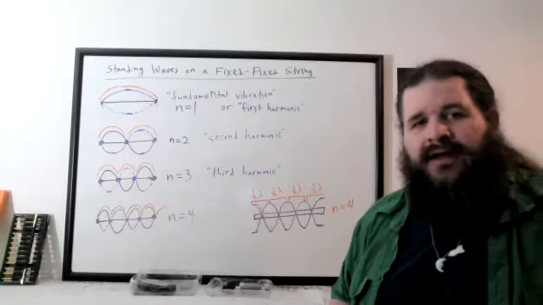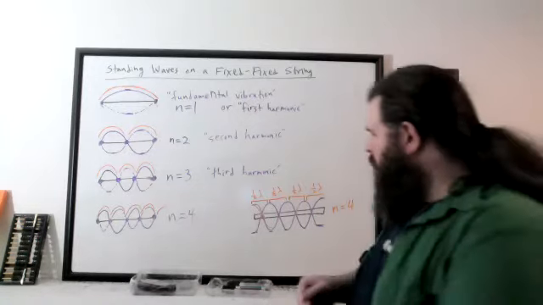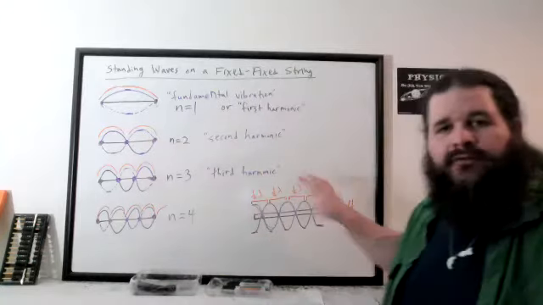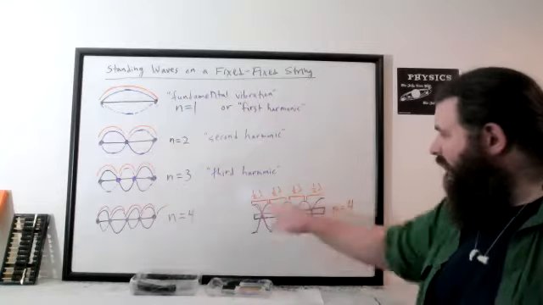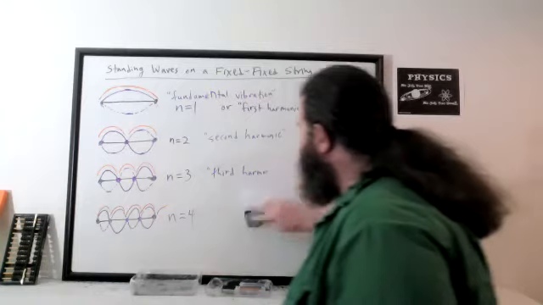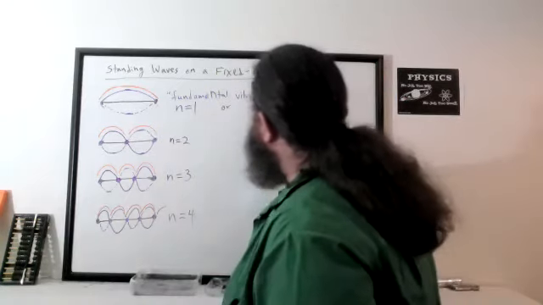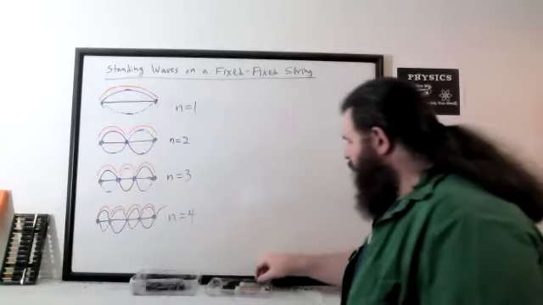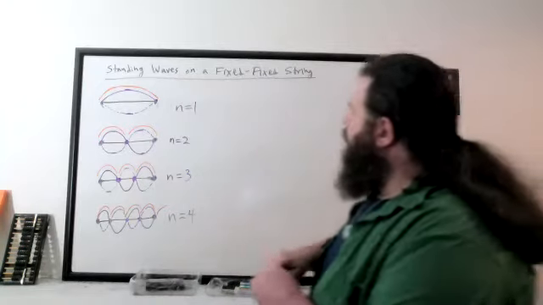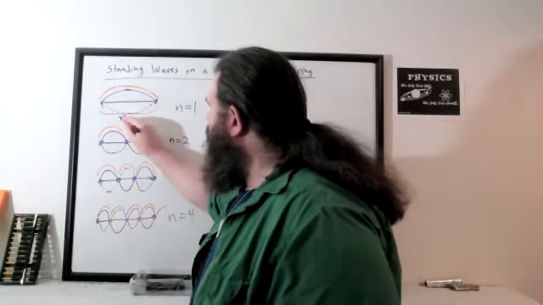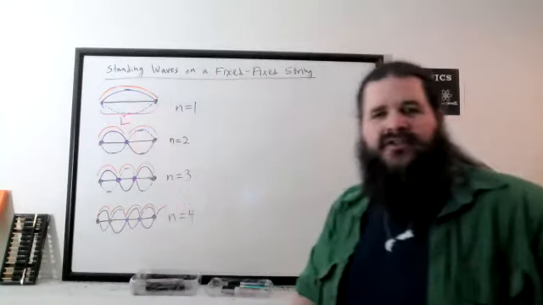And we can actually turn that into an equation. In general, for both of these types, whether it's fixed on both ends or free on both ends, as long as it's the same type of endpoint on both sides, we can write this out as an equation. These all fit the description that the length, let's say the length is L. So capital L is the length of the string.